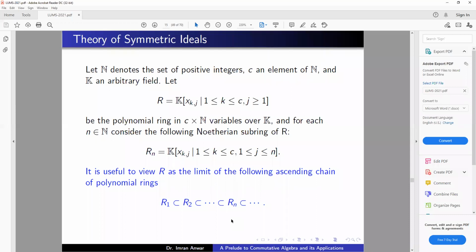With grading, you have a strict direct summand. You can decompose R into the direct sum of R1 plus R2 plus R3 and so on. But in this case, we don't have that. There is a union, not a direct sum.